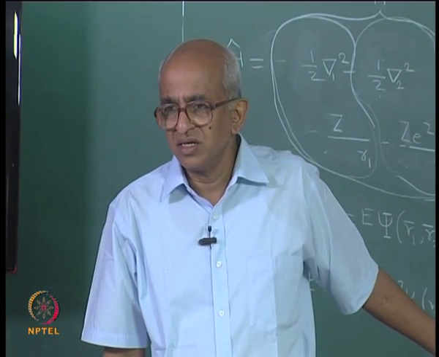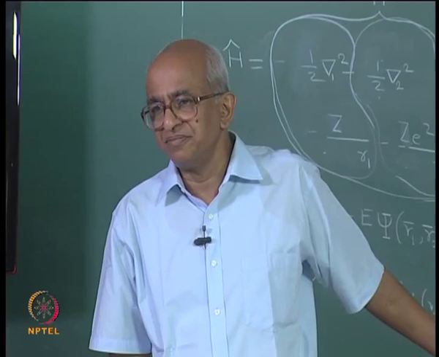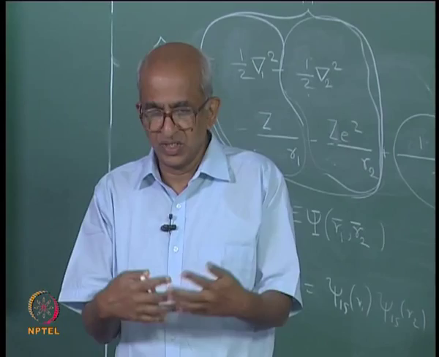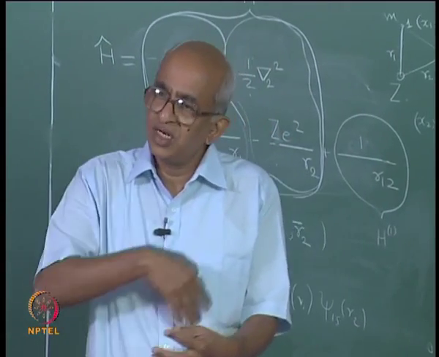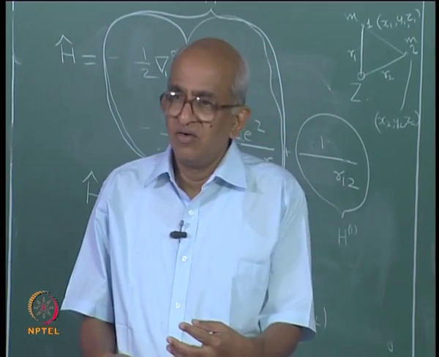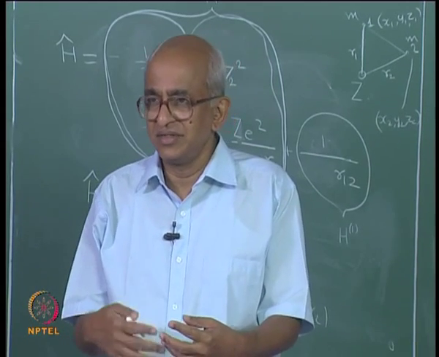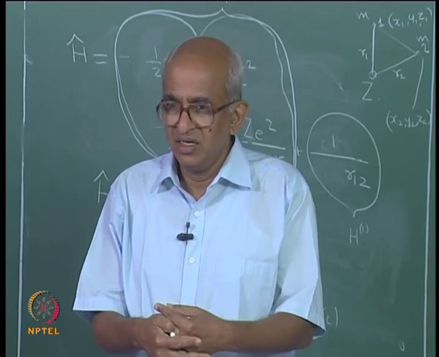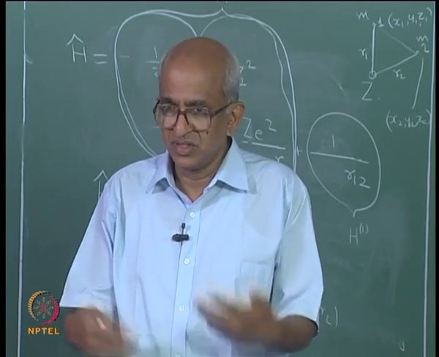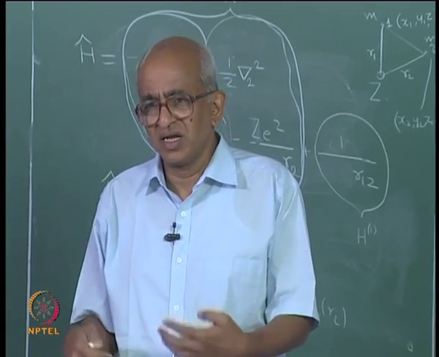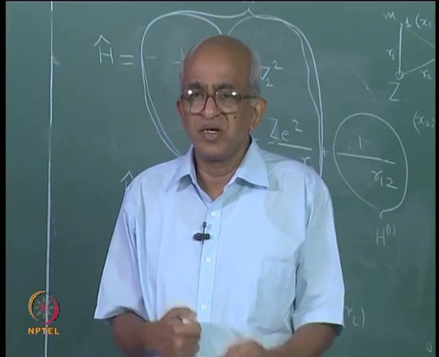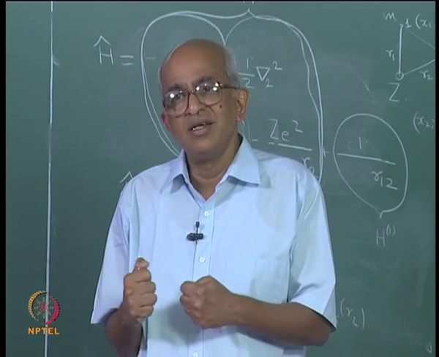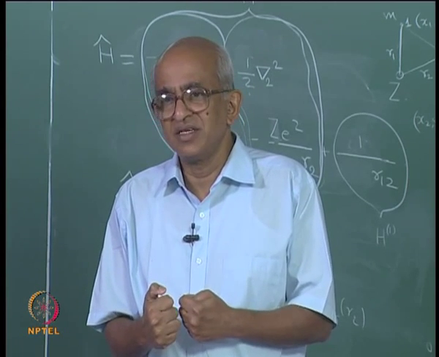Now, imagine this is the case for helium, and suppose I had uranium. You have a nucleus with 92 positive charges, and 92 electrons, all trying to avoid each other, but at the same time trying to be as near to the nucleus as possible. A very difficult thing to treat, and that is why quantum chemical calculations are difficult, but in spite of that, these days we can do calculations using quantum chemistry and get a fairly decent agreement with experiments.